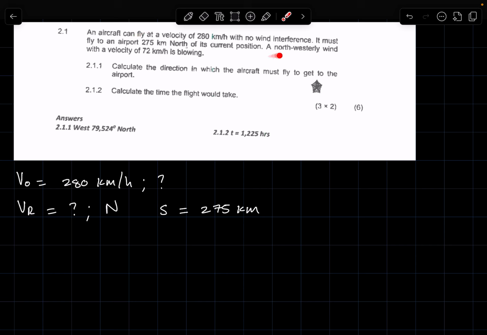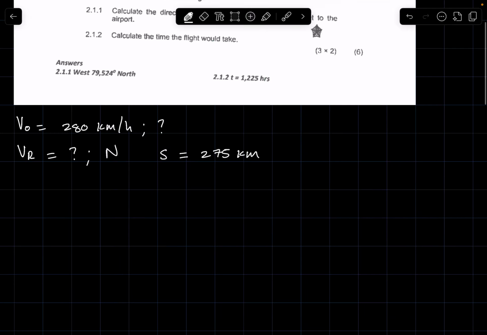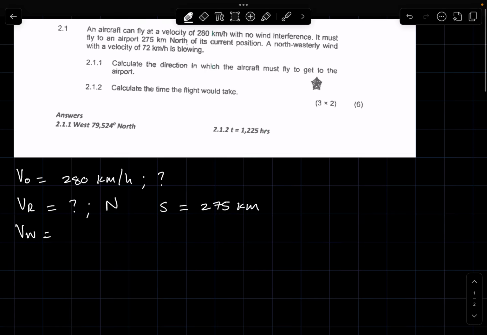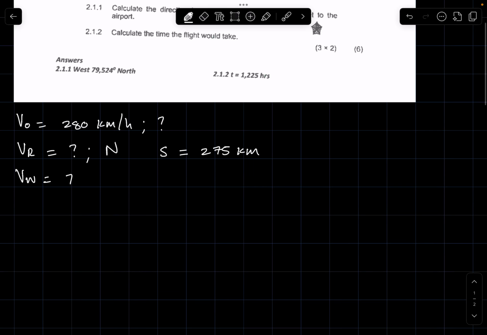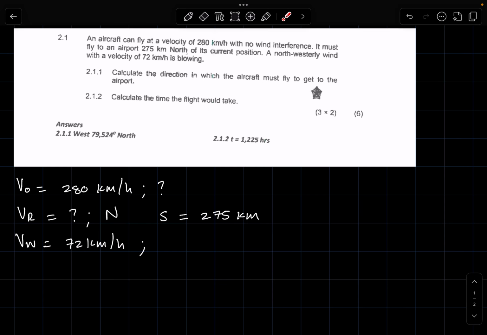So a northwesterly wind with a velocity of 72 kilometers per hour is blowing, right? So here, as far as VW, we have both magnitude and direction. The magnitude is 72 kilometers per hour. As far as direction, they said a northwesterly wind with a velocity of that.